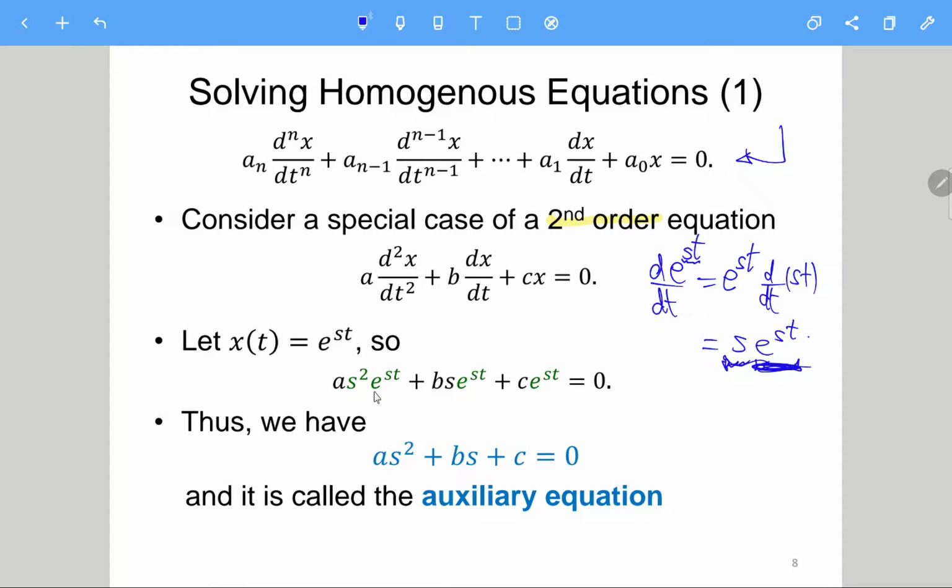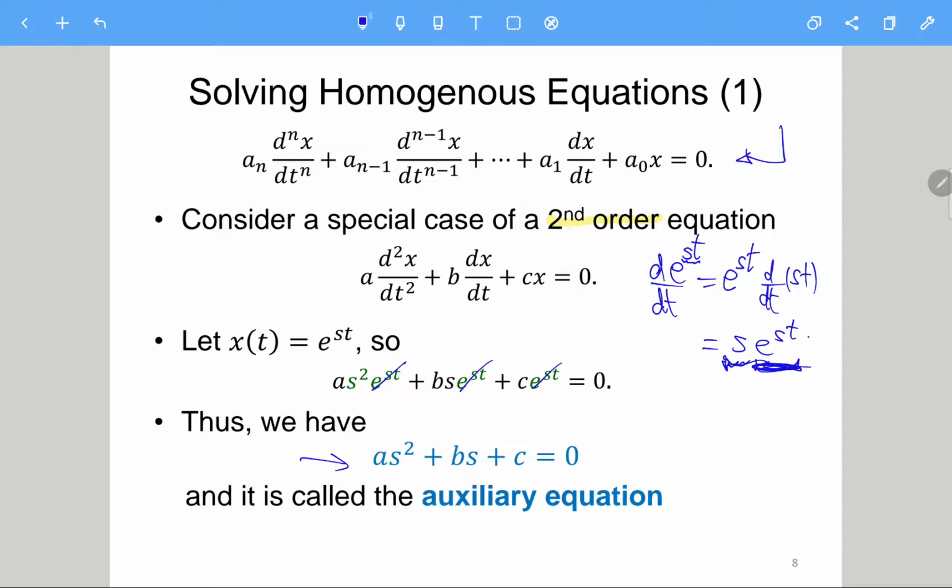As long as exponential st shouldn't be 0 for any value. The exponential can approach 0 if the exponent is minus infinity, but it is not 0 at all. So exponential st can be cancelled.